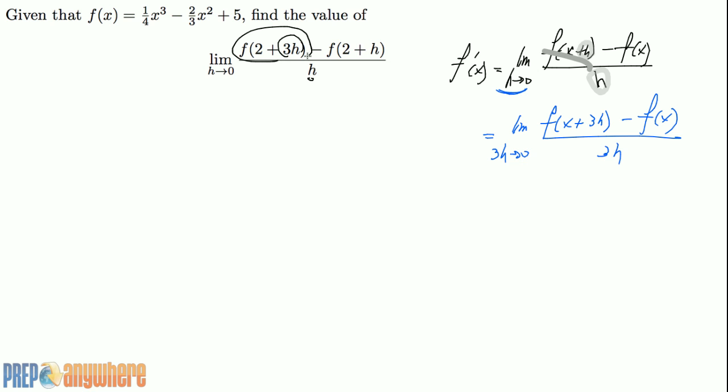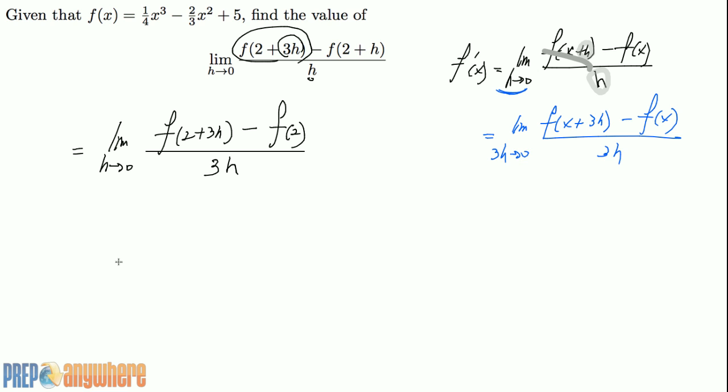Okay, if you understand that, I have this here. I have 2 plus 3h. If I have f at 2 plus 3h here, and instead of h, what I need is 3h, isn't it? Of course, I just randomly divided by 3, and I randomly introduced the subtraction of minus f at 2.